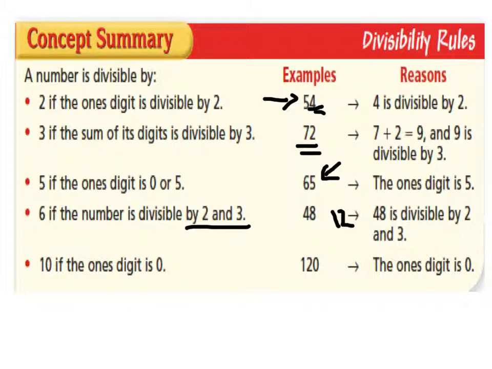We go to the ones digit, and if there's a 0 in it, it's divisible by 10. There are other charts to memorize: one for 4, one for 7, one for 8, one for 11. But right now we're going to start off with these 5, and you should get used to them and use them as much as possible.